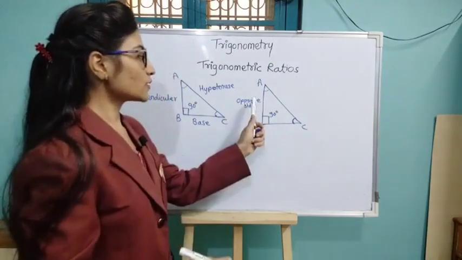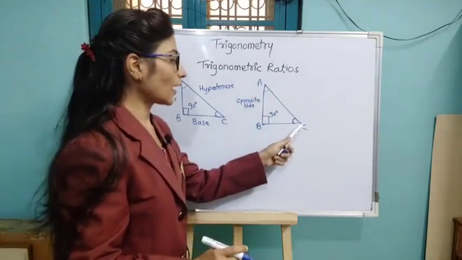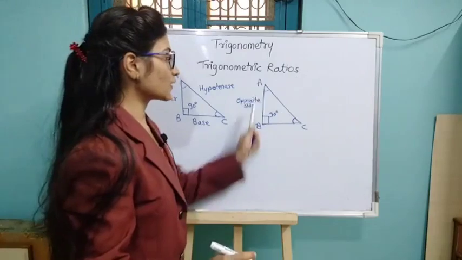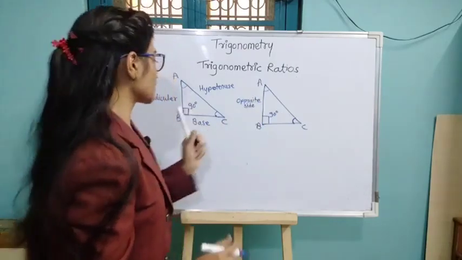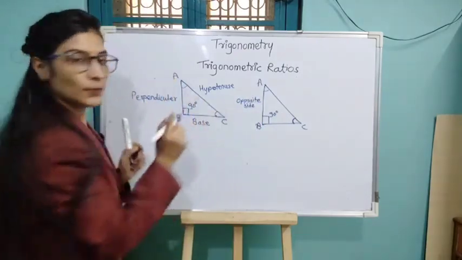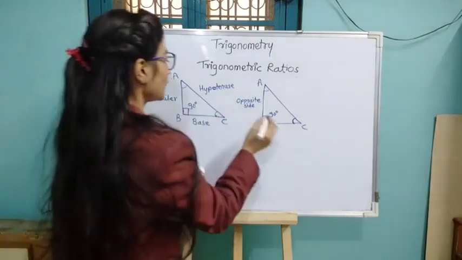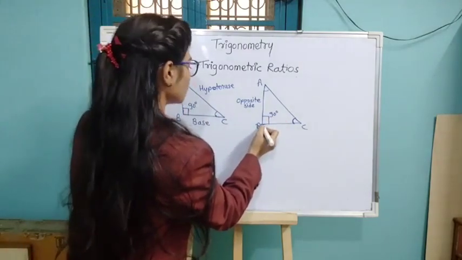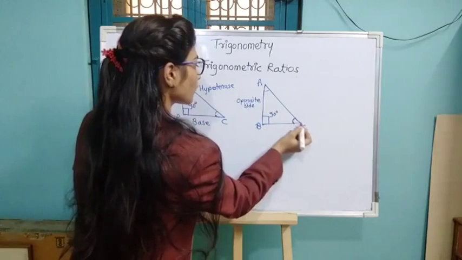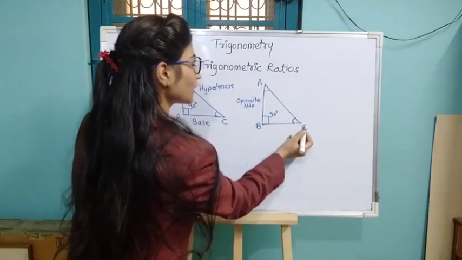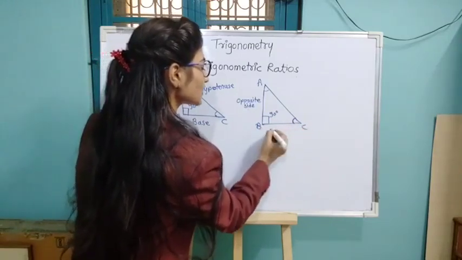Because AB is in front of angle C, we consider this side as the opposite side, meaning the perpendicular is always the opposite side. Next, if you want to find the ratio related to angle C, then this BC is the adjacent side.